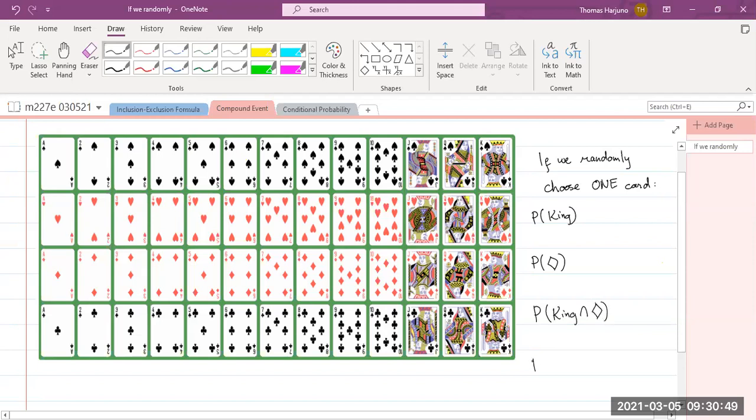And find the probability of getting king or diamond.